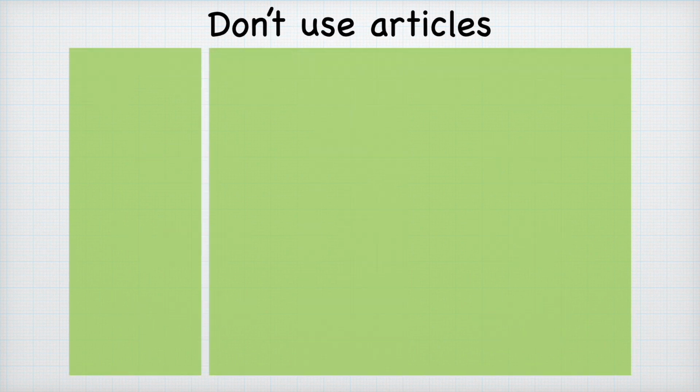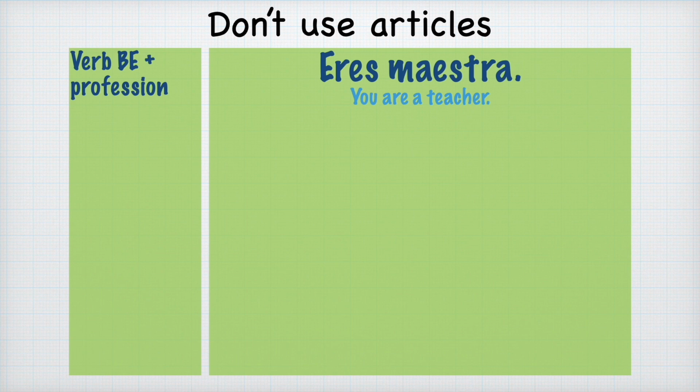There are instances when we don't use the articles. For example, when we have the verb be plus a profession, we don't use any of the articles we've mentioned. An example is eres maestra. It means you are a teacher. Similar thing with the verb be plus a nationality or religion.